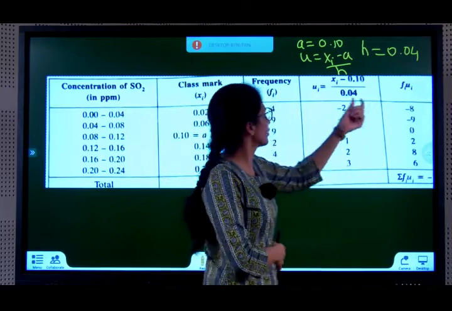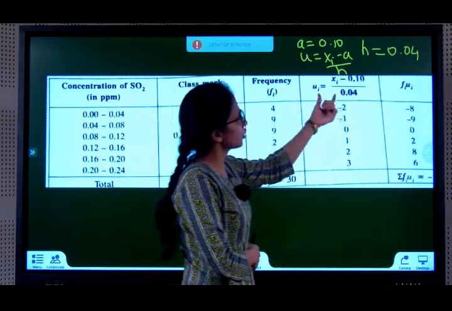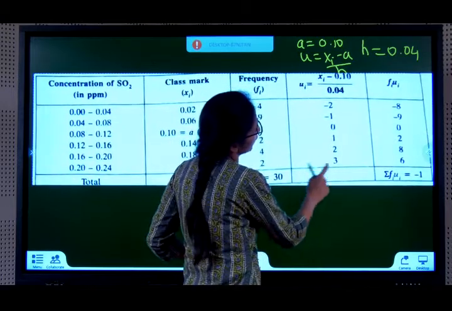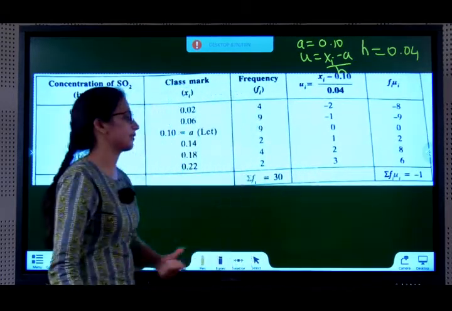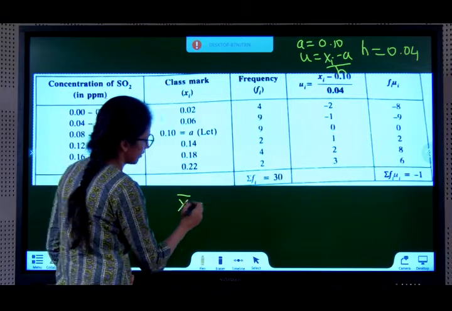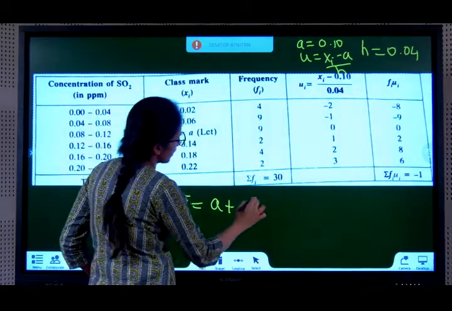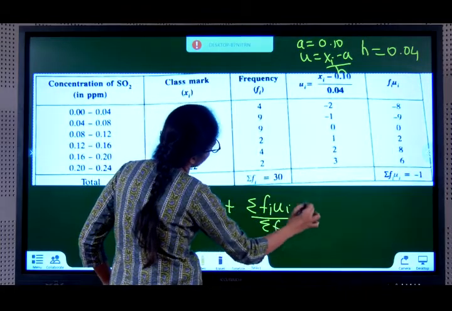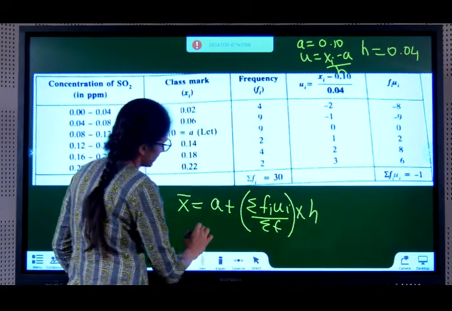So now fi into ui, multiply it, you get fi into ui. So we have summation fi ui as -1, summation f as 30, substitute and find the answer. X bar is equal to a plus summation fi ui by summation f into h. What is a?